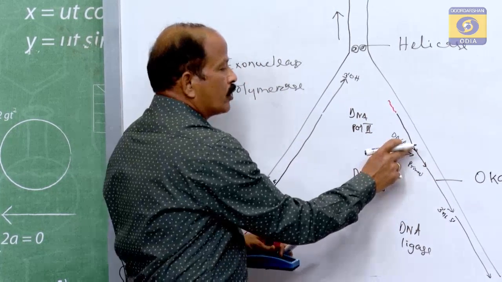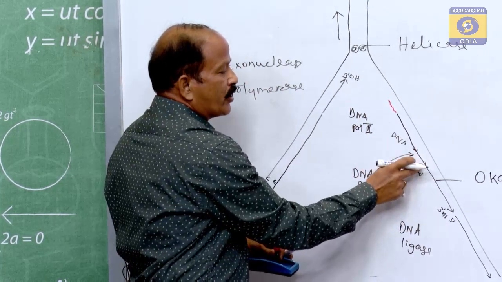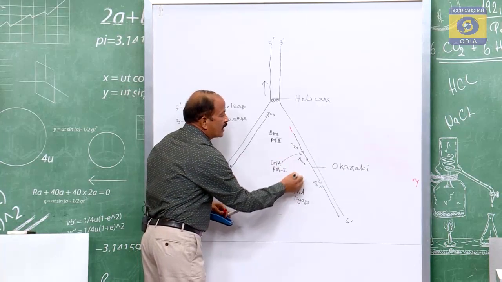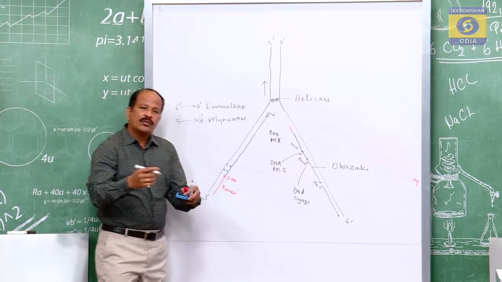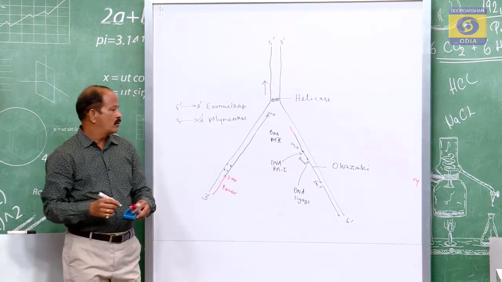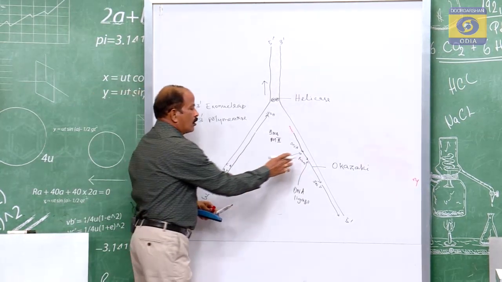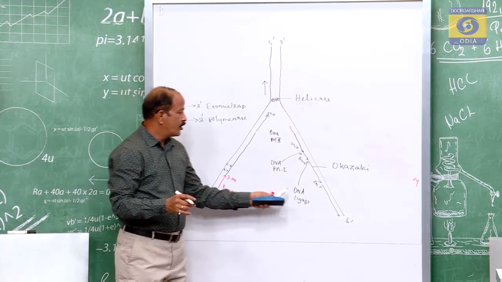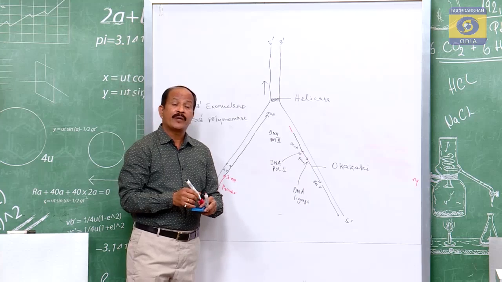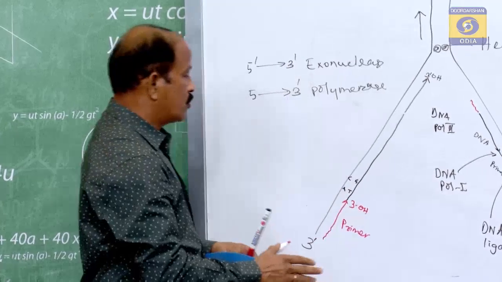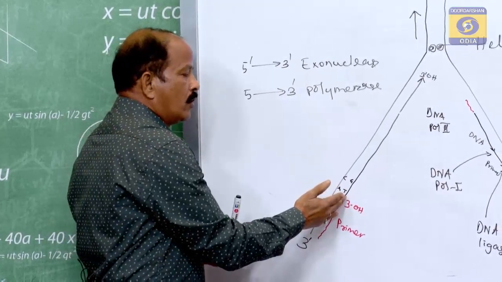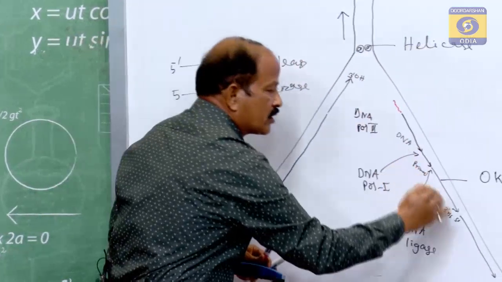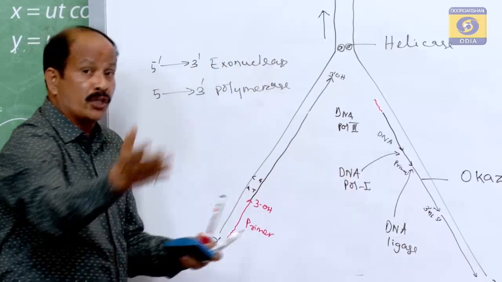Now there are two termini, a 3' end and a 5' end. Now comes the enzyme DNA ligase. This is the mechanism by which the short segments are joined by DNA ligase, which is ATP dependent. So, my question is, one strand is synthesized continuously, the other strand is synthesized discontinuously.